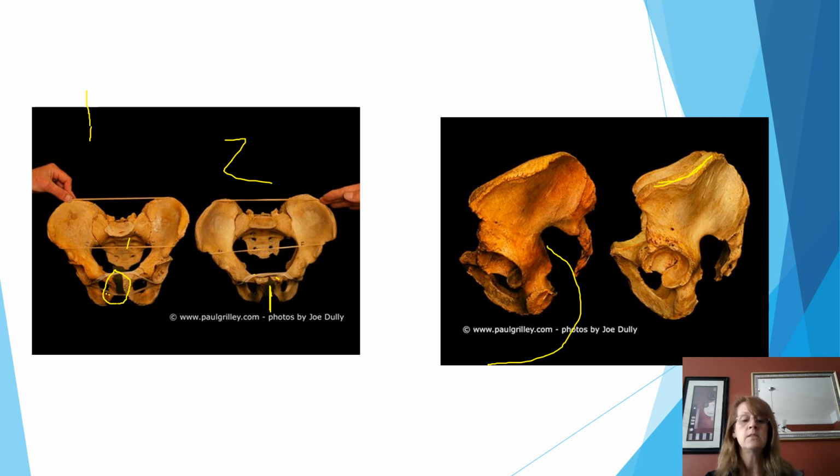And so the tilt has to be different in males versus females. What you're seeing here, what we'll call number 1, is a female hip, and number 2 is a male hip. And you can see they're tilted differently by looking at the hip socket. In this case, notice the hip socket is tilted downward, and this hip socket is kind of out to the side.